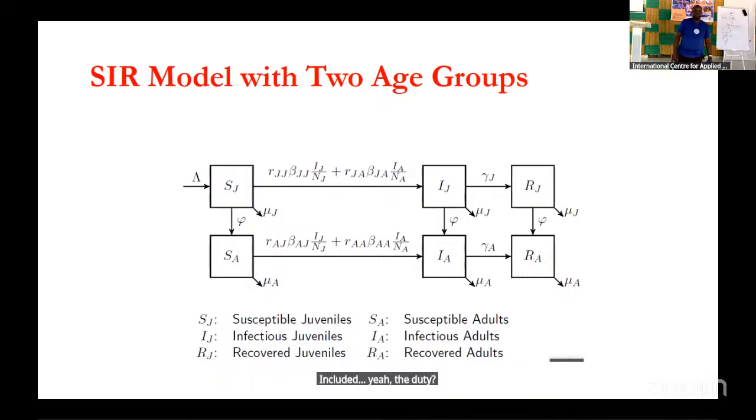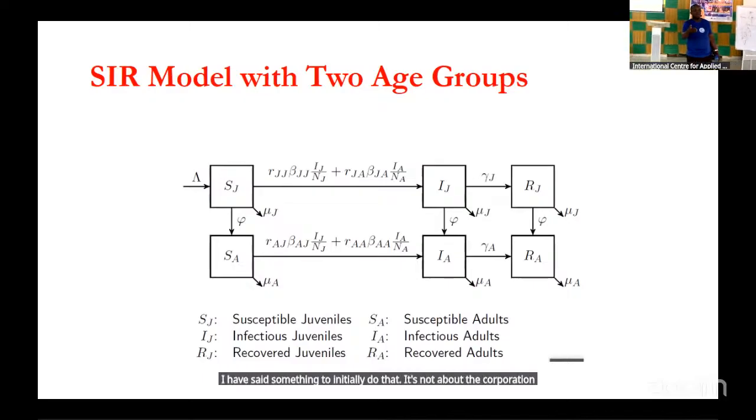Now, when it comes to heterogeneous models, there are different forms, which will show depending on what you want to look at. But I said initially that it's not about the computational rigor or the mathematical rigor.